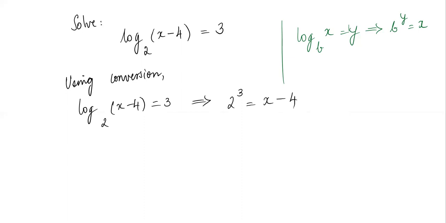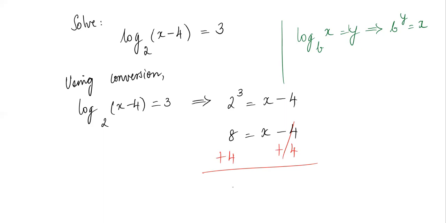Start all over afresh, because it can get confusing when you go back to fix it, since you can't see the error very clearly. So do it afresh if you feel like you mixed them up. All right, 2 cubed is 8. 8 equals x minus 4, then it becomes a very simple solution to get x by itself.